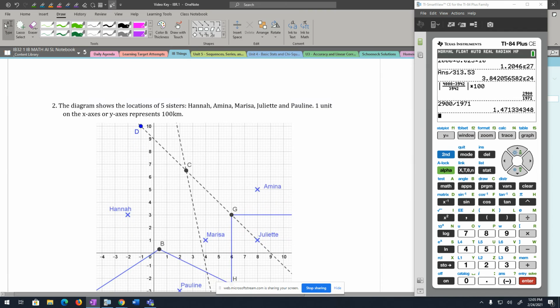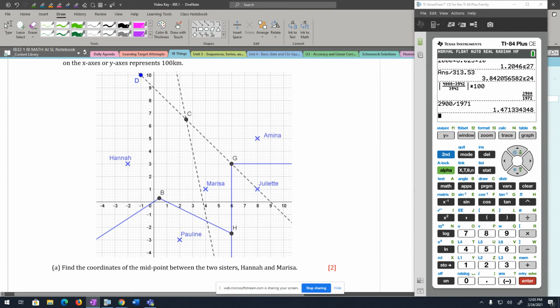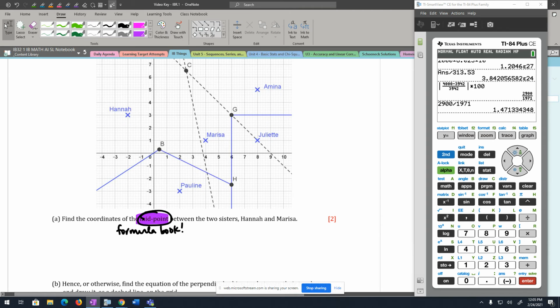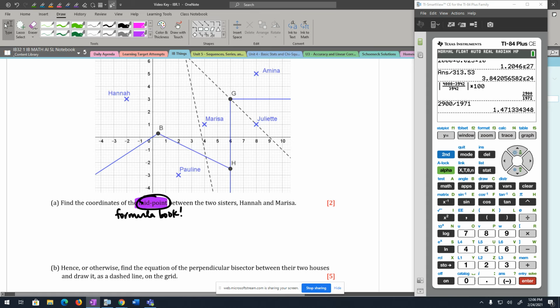Okay, up next, the diagram shows the locations of 5 sisters. Part A, find the coordinates of the midpoint. Again, midpoint is in our formula book. Our formula for it is x1 plus x2 divided by 2, and y1 plus y2 divided by 2.